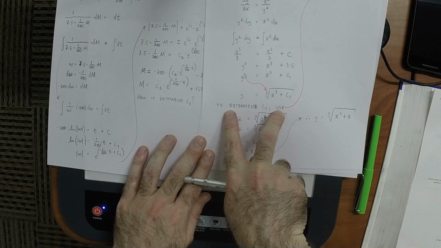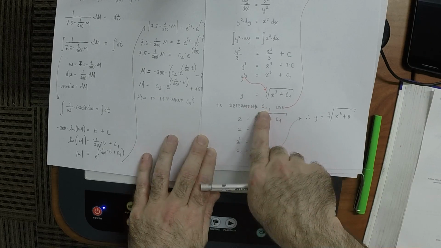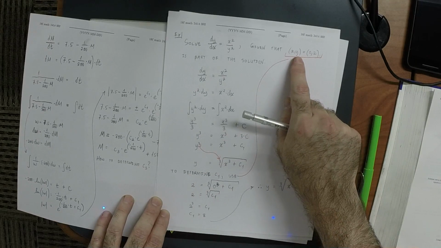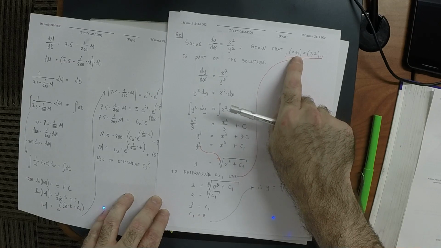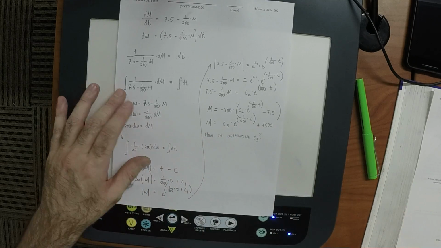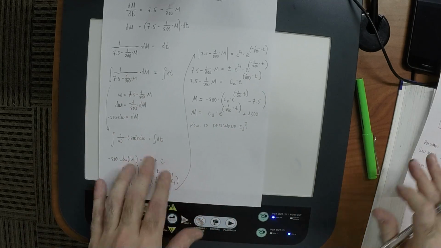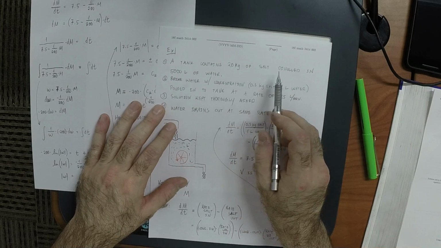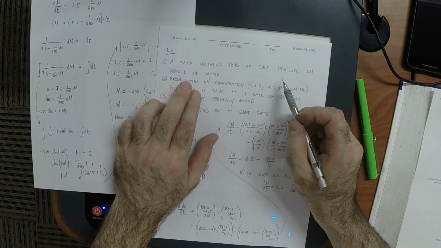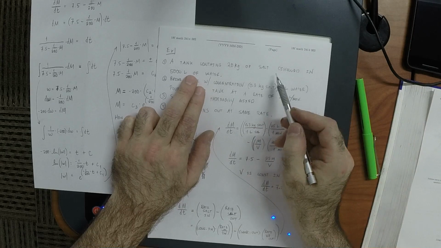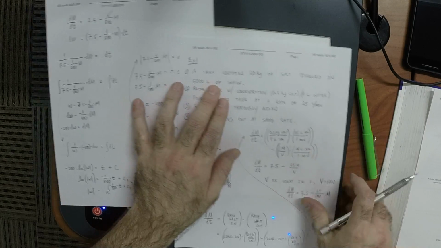In the previous exercise, we came to a place where we said, how can we figure out C1? Well, how did we do it? We used that information, right? We need to say that we do know how much salt there was at some time. So you look back at the statement of the problem. This means that when the process began, that is to say at t equals 0, we knew that m was 20.